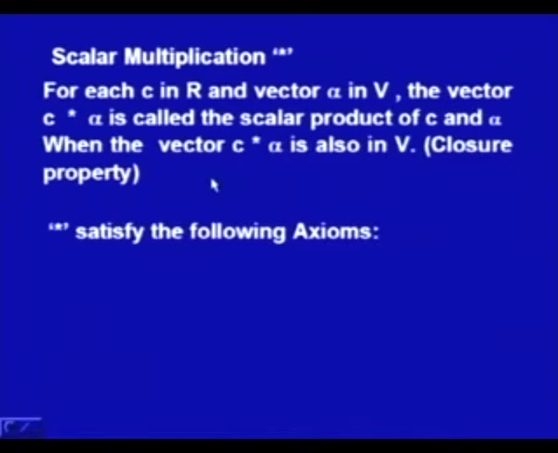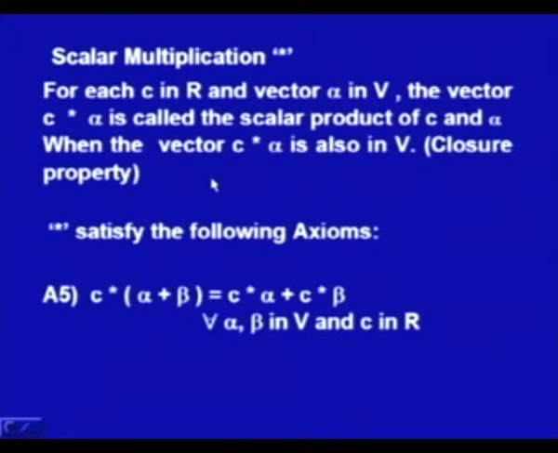It has to satisfy other axioms, we call this A5.